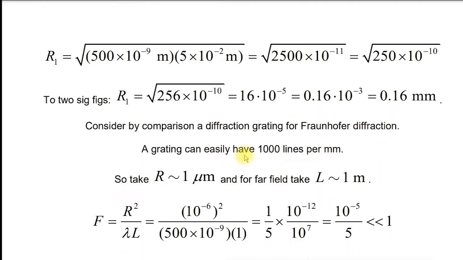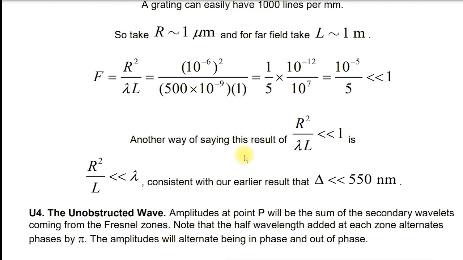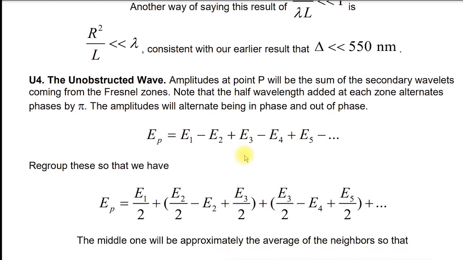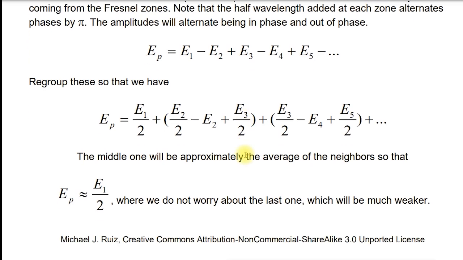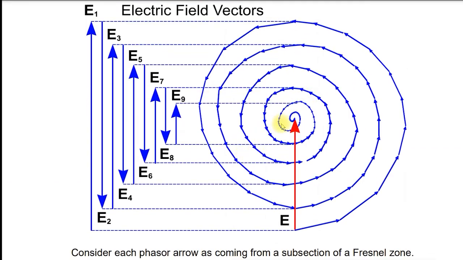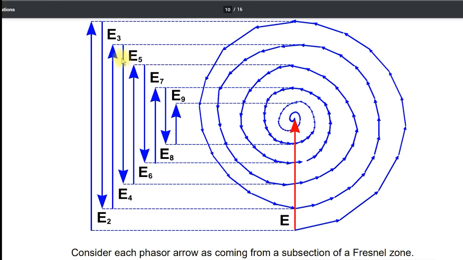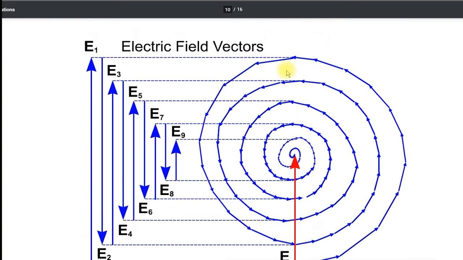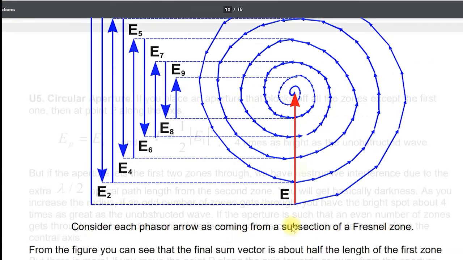So here, it's plugging in numbers. And for the unobstructed wave, it's not bad to have a bearing on that. If you are looking at the unobstructed wave and adding up the Fresnel zones, you're going E1 plus E2 plus E3 plus E4, and then you get 1/2 of the first one. See, the first one got you up to the top, that's 1/2.